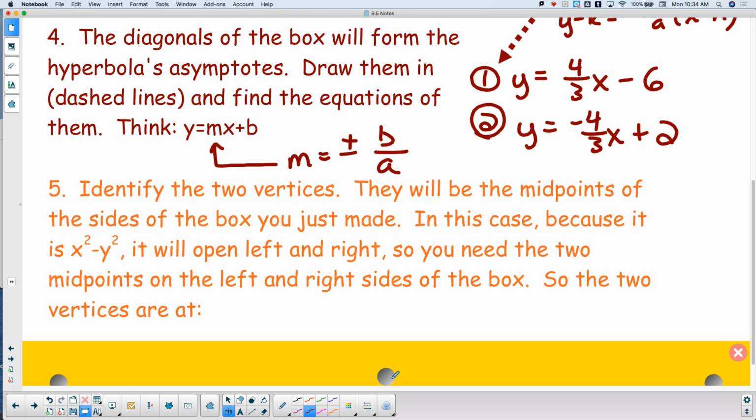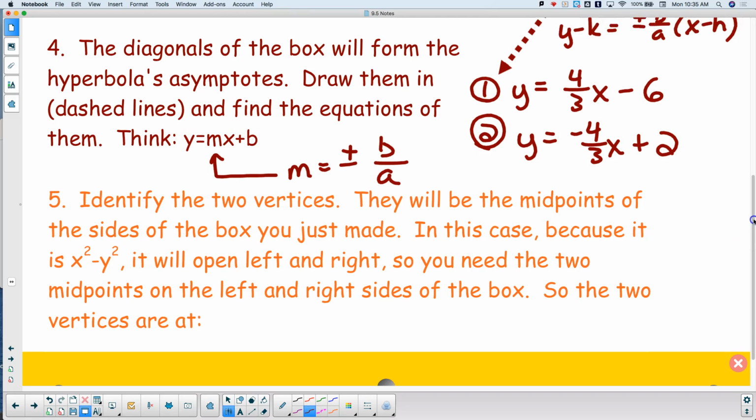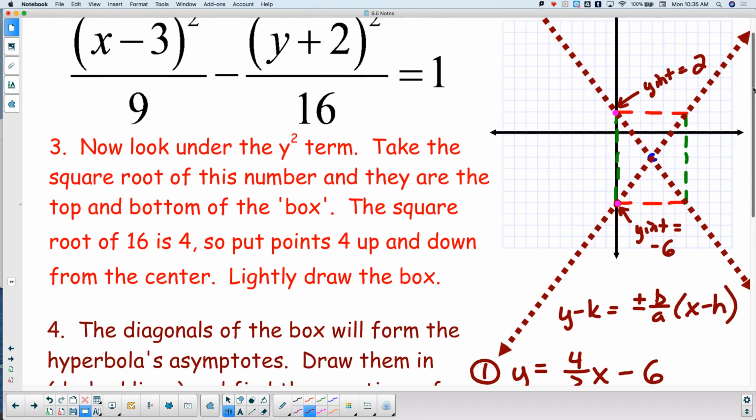In this case, because it was a left-right opening hyperbola, or an x squared minus y squared hyperbola, we will need the midpoints of the left and the right sides. Those are going to be here, midpoint to the right side, and there, midpoint to the left side. They're going to be straight out, left and right, from the center.